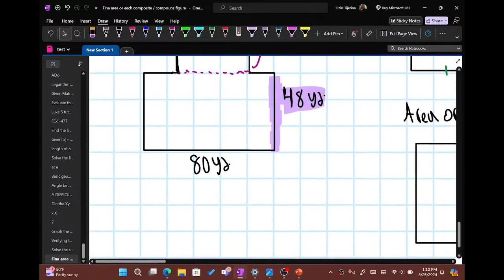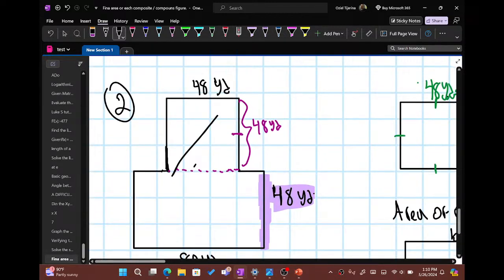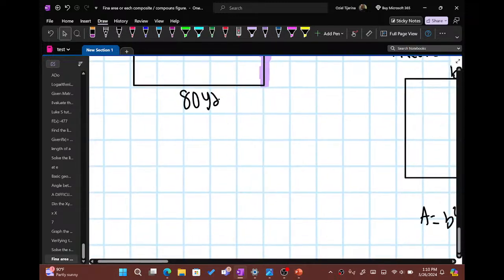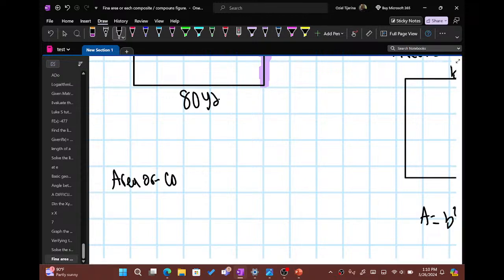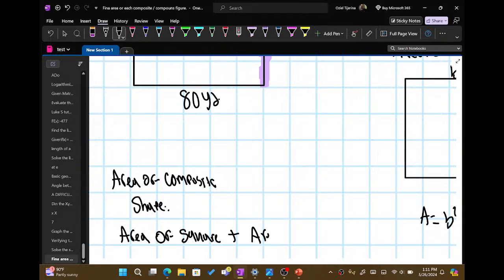So area of composite shape is area of square plus area of rectangle.